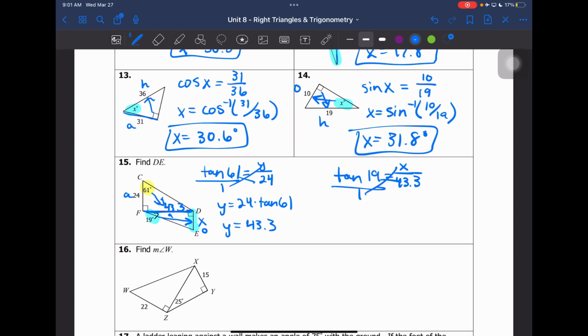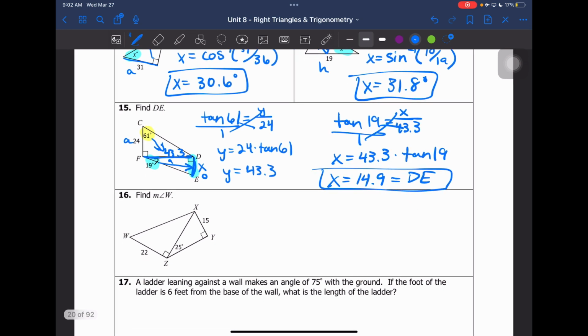So let's go ahead and solve this. X is equal to 43.3 times tangent of 19. So when I put that in my calculator, I'm going to get 14.9. And that's my x, which also is the length of DE. So let's just put equals DE. So this is our answer.